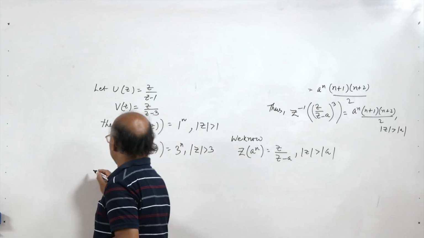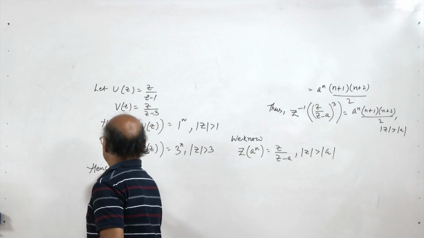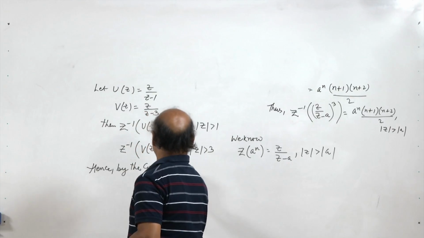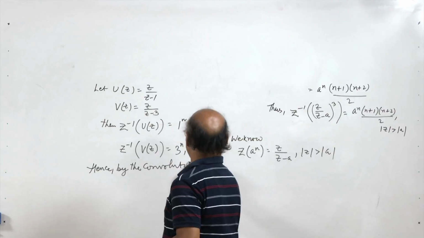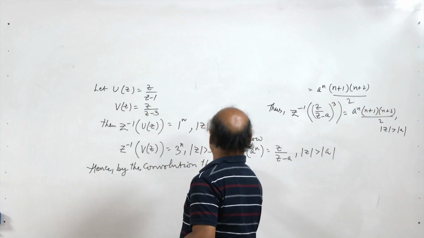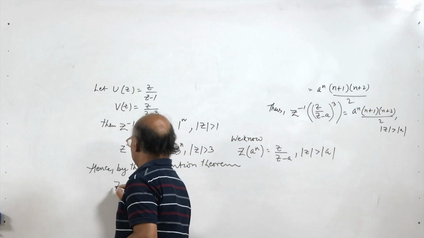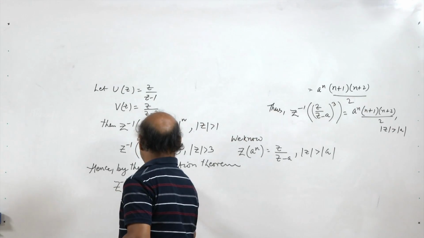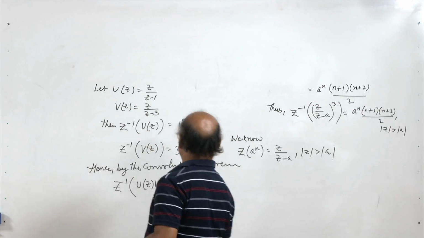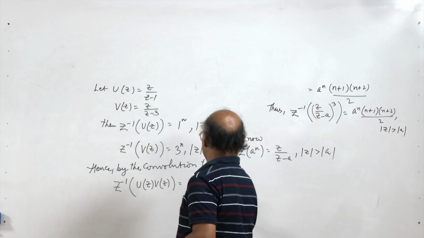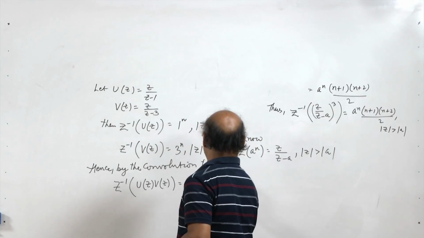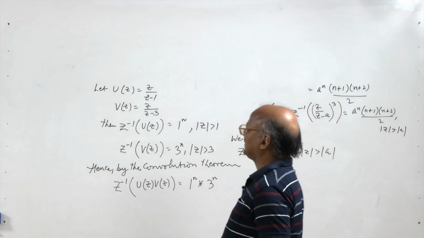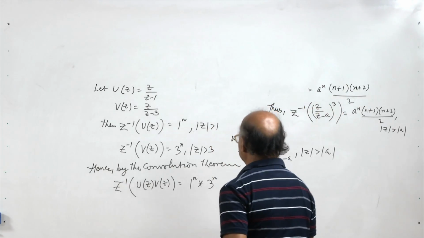Hence by the convolution theorem, the inverse Z transform of U(z) into B(z) will be equal to the convolution of u(n) with b(n). So the required inverse Z transform, that is Z inverse of U(z)B(z), is their convolution.